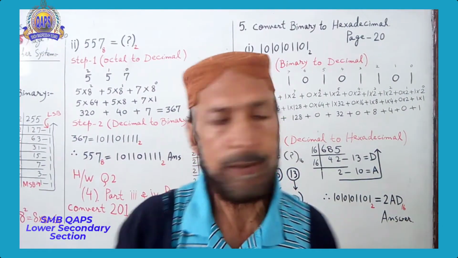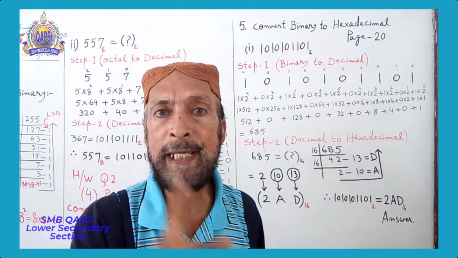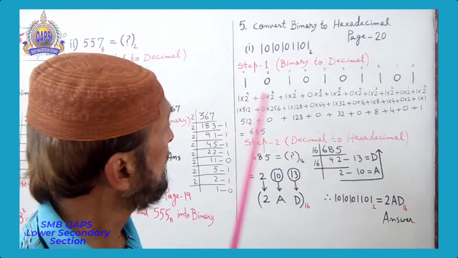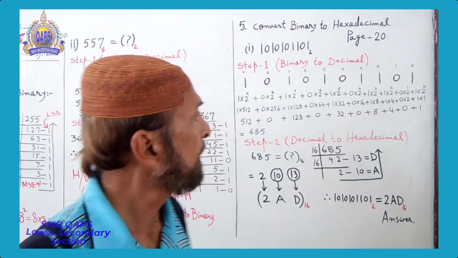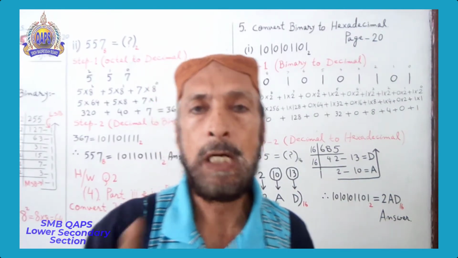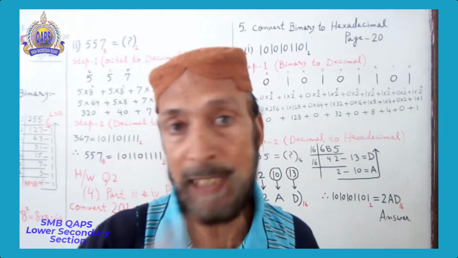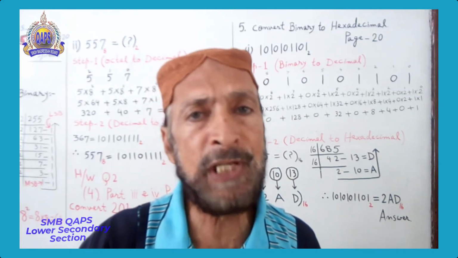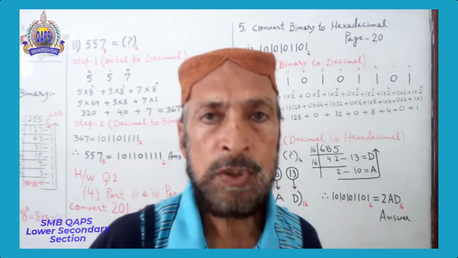I don't need to explain the method, because decimal to binary and binary to decimal I taught you many times, and I think you have already done the homework and you understand that.